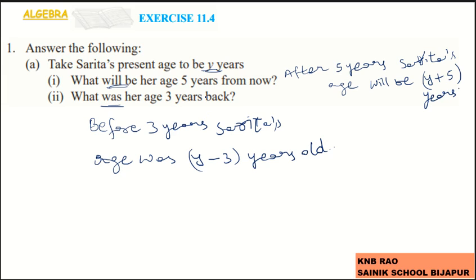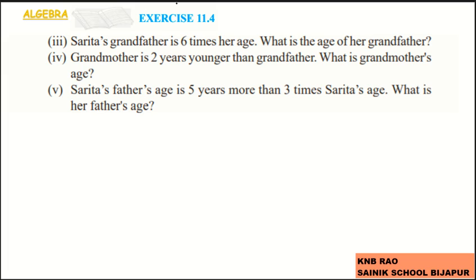Coming to sub-question Roman numerals 3 to 5. Sarita's grandfather is 6 times her age. What is the age of her grandfather? We will be able to write the sentence, or should I write?